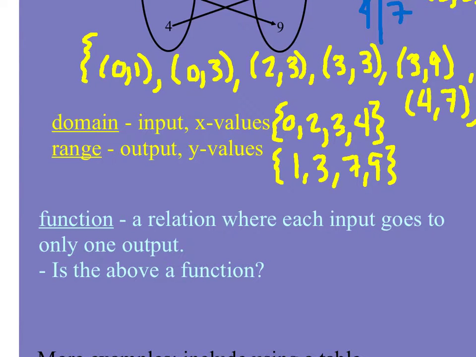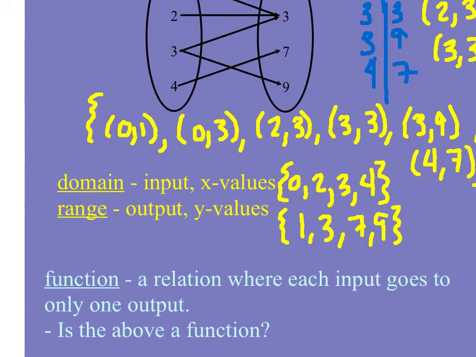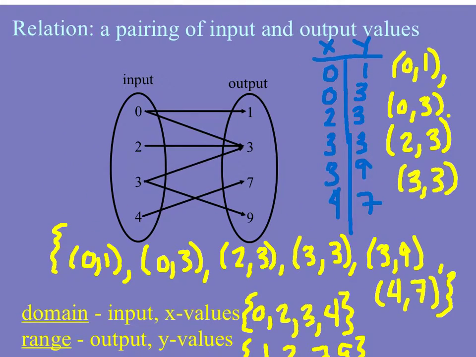So if we look at this example above, this is not a function, and the reason is when I say 0, you could say 1 or you could say 3. That's too confusing. We can't do that. Another way of talking about functions is to say the input is letters or mail. The output would be the mailbox.